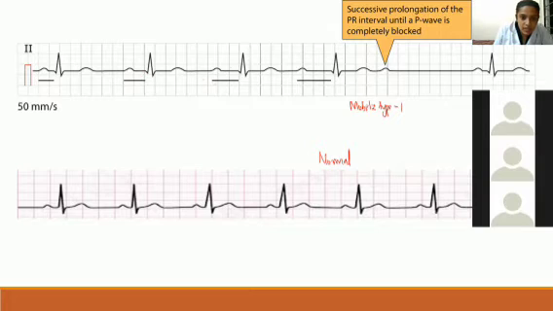The interval is lengthening and finally one P wave won't conduct. Then after some gap, again this cycle repeats. So this is known as Mobitz type 1, in which there is successive prolongation of the PR interval until a P wave is completely blocked. Again the cycle repeats.